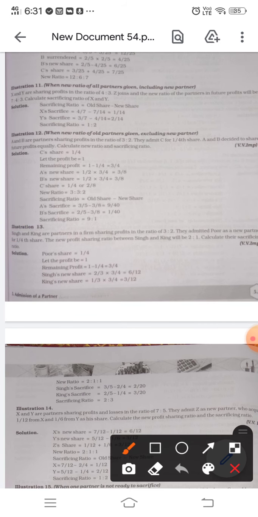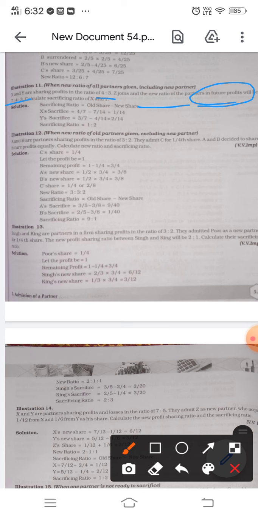So there are two partners, X and Y, 4:3 is the old ratio, Z is the new partner in future profit. Okay, so in sharing the future profit and loss, the new profit sharing ratio is given in the sum, that is 7:4:3, and they asked to calculate the sacrificing ratio of the other two partners, that is the old partners.